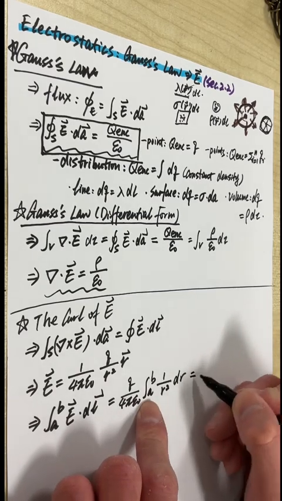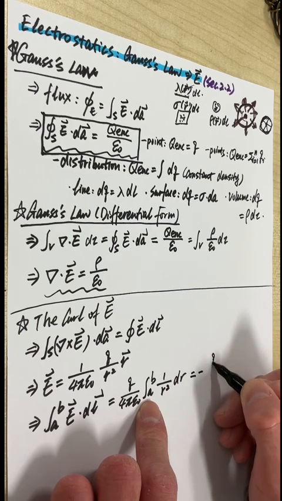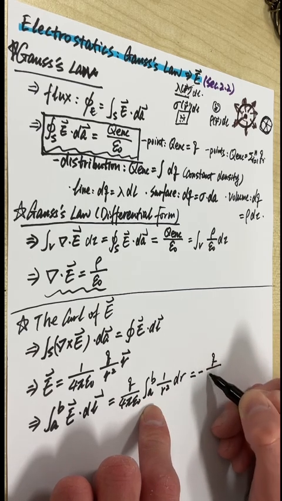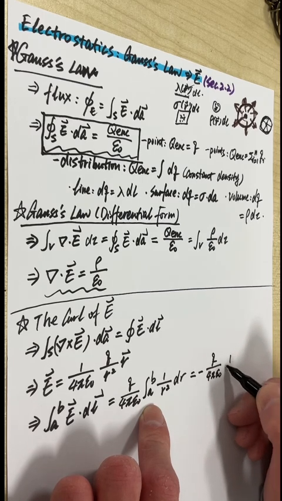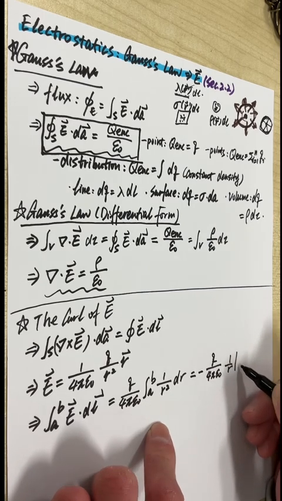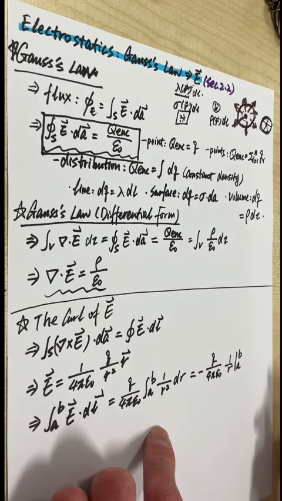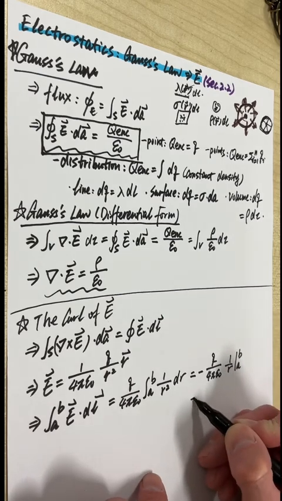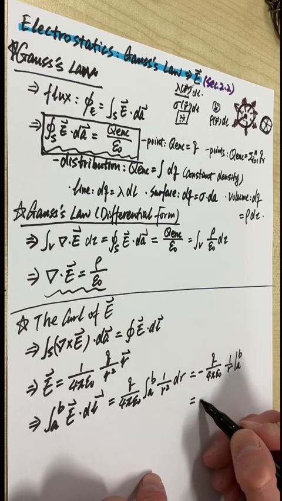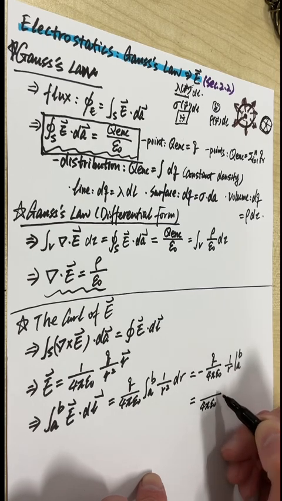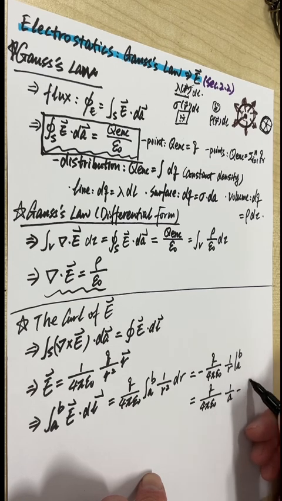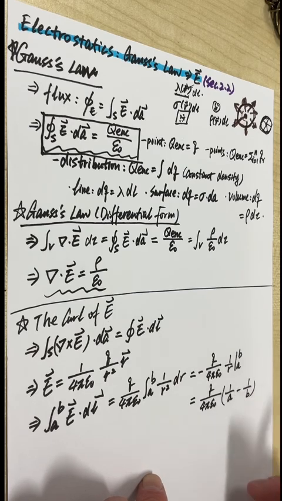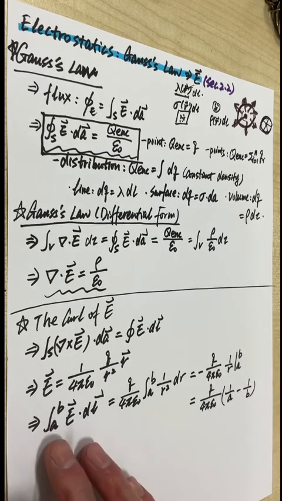So what we have is minus Q divided by 4 pi epsilon 0, and then 1 over R from A to B. So eventually we have Q over 4 pi epsilon 0, times 1 divided by A minus 1 divided by B. Okay, so this is a line integral.